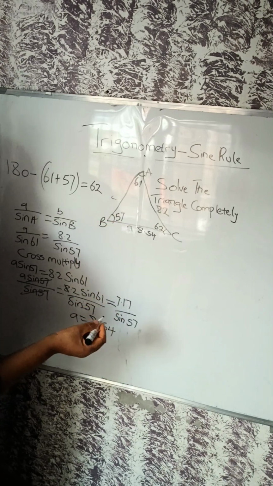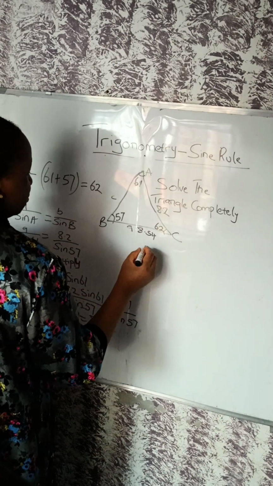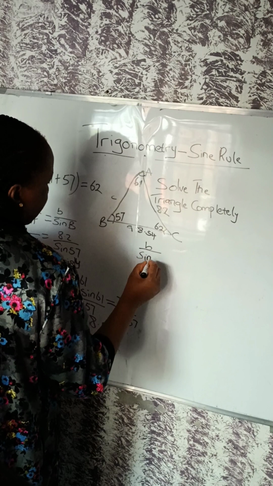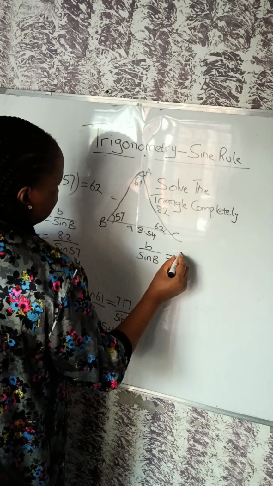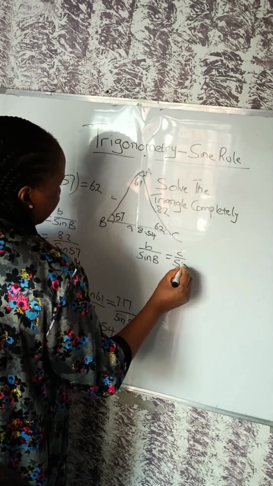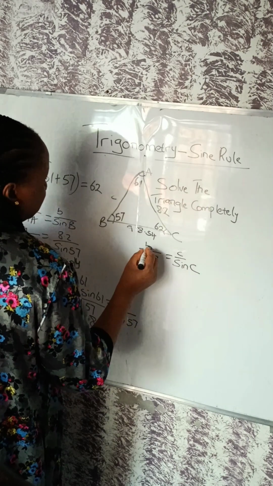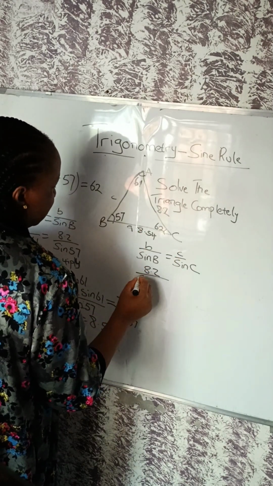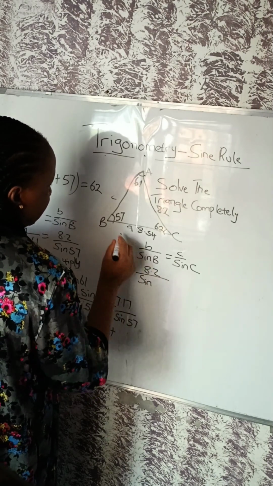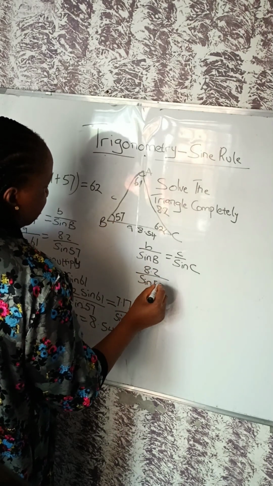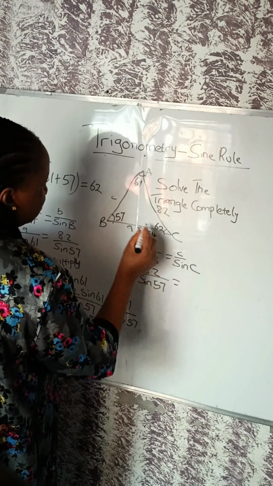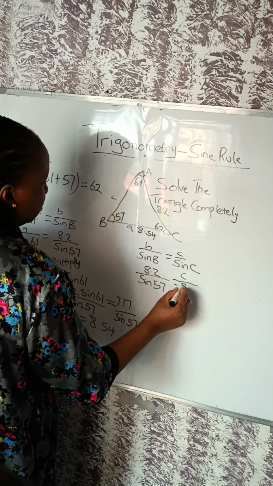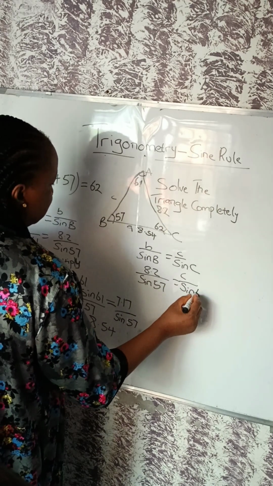So let's solve for the small c. Now to solve for the small c, we use b over sine B equal to c over sine C. And what is small b? Which is 8.2 over sine big B, which is 57, equal to small c. We don't have small c, but we have the big C, which is 62, sine 62.